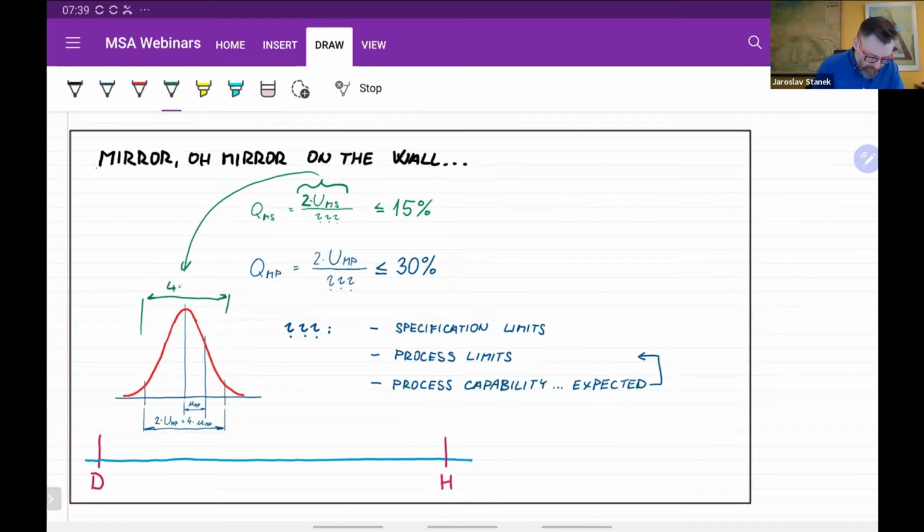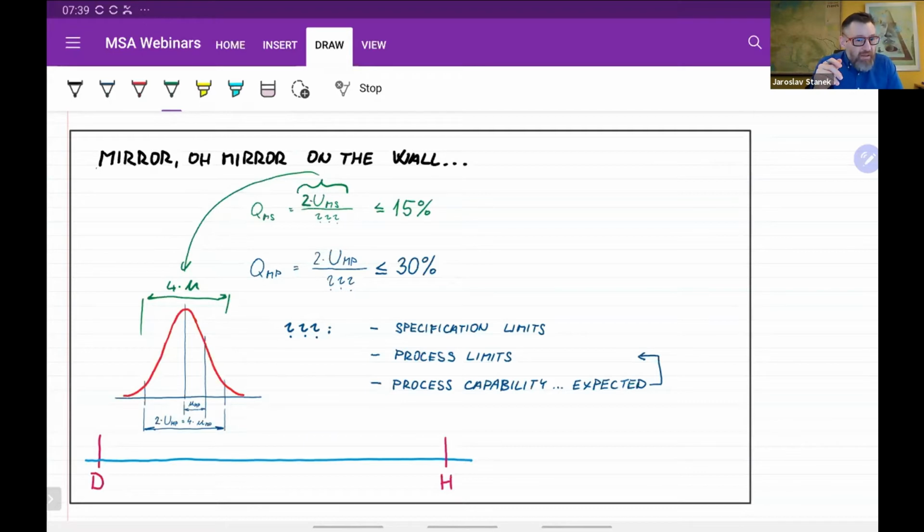This equals 4 times the standard uncertainty divided by something, divided by some reference interval, which is also in the units of the measured quantity.